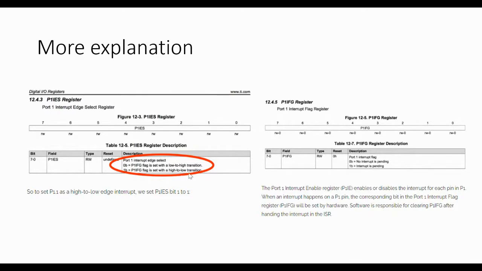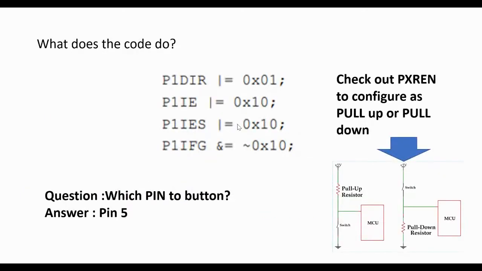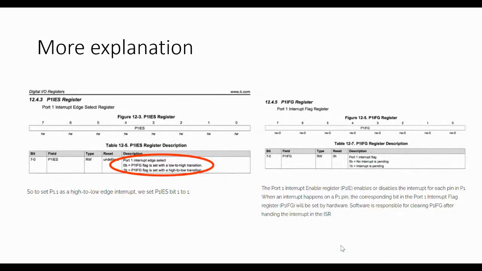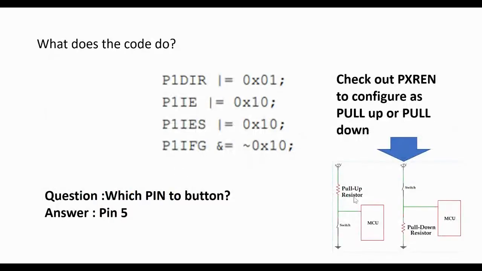So you need to configure the pin manually as a pull-up configuration. When you press it, the switch grounds this point. So normally it's 5 volts, and when you press it, it's 0. So you need to configure P1IES to 1. Why? Because of this.